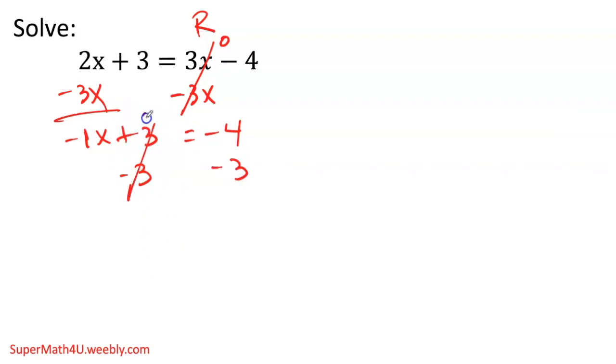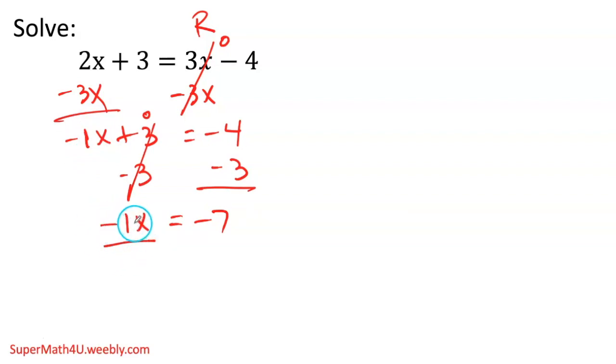3 minus 3 is 0, and I bring down the negative 1x. Don't forget to bring down the negative 1x. Negative 4 minus 3 gives me negative 7. When they have the same sign, you add and you keep the same sign. If you notice, I have a negative 1 with the x, okay? I have to get rid of that.